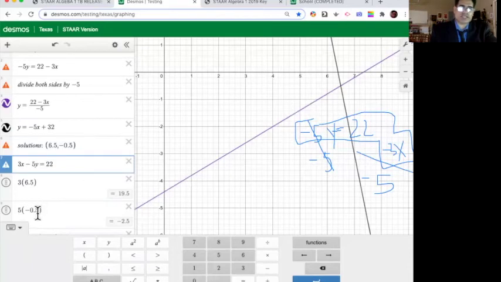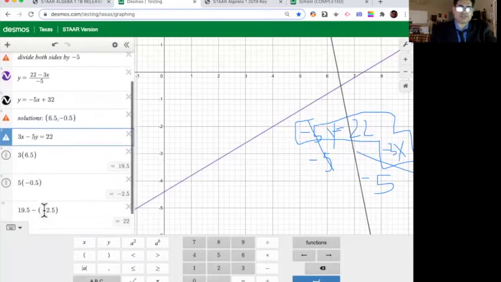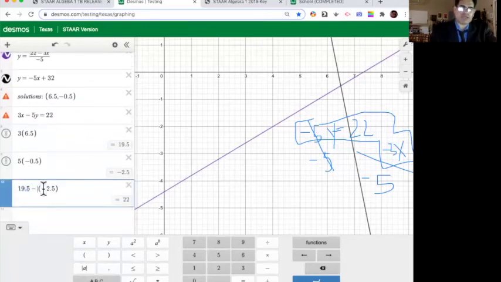Our y is -0.5. So that gives us a -2.5. So take your 19.5 and you subtract your -2.5. That's why this becomes 22, because taking away a negative becomes a positive. So it's 19.5 plus 2.5. That gives us 22, and that works out.